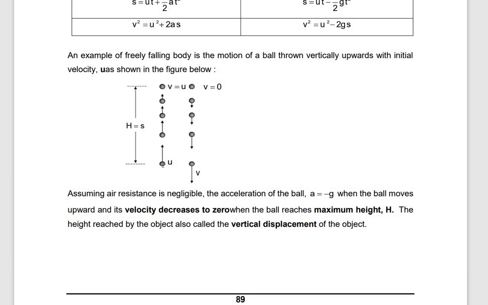Dekat mana dia punya displacement kosong? Bila dia pergi balik pada dia punya initial point itu, sama kedudukan dengan initial point. So s dia kosong. Sini v dia kosong. At maximum height, v is equal to 0. Back to the initial point, s will be 0.